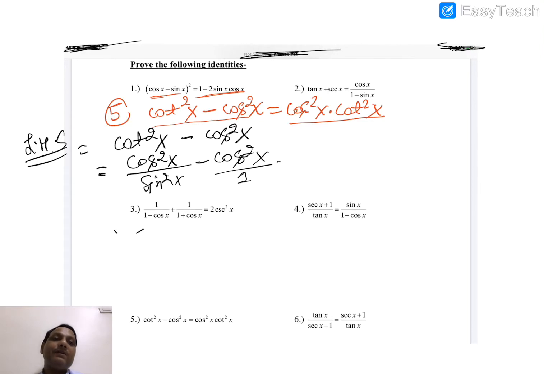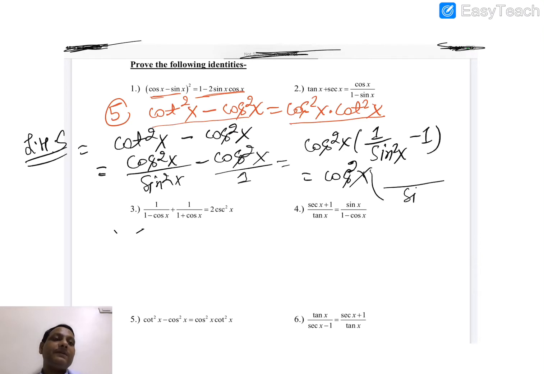Once again I will make the denominator the same. So what am I going to get here, can I take cos square out? If I take cos square x out, we are going to get here 1 over sine square x minus 1. So here cos square x bracket, total LCM is here sine square x. So you are going to get sine square x, then 1 minus sine square x.